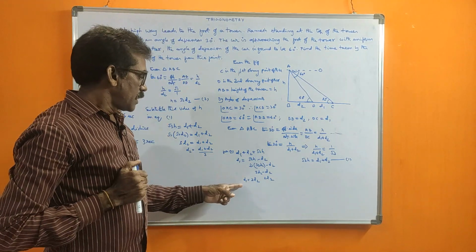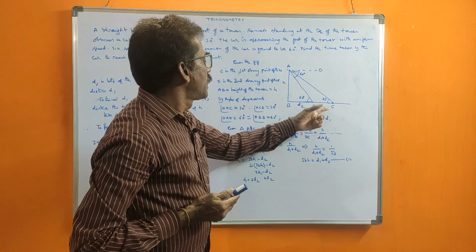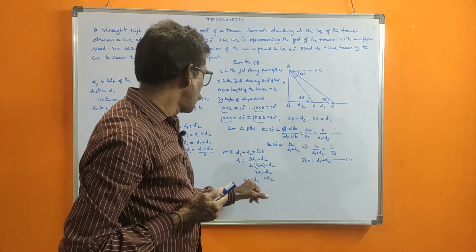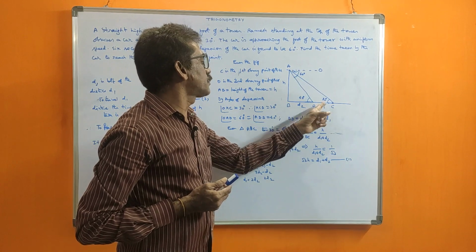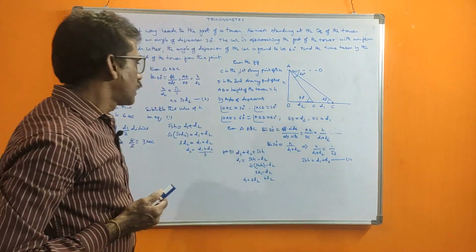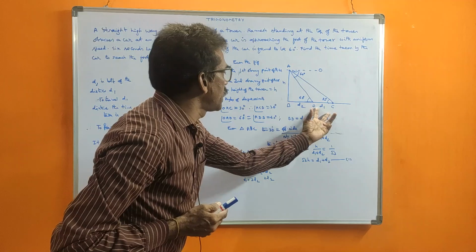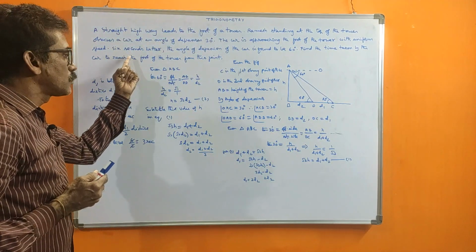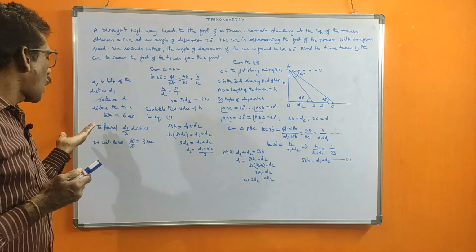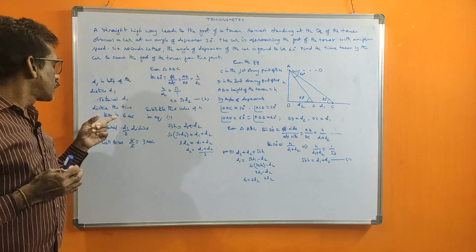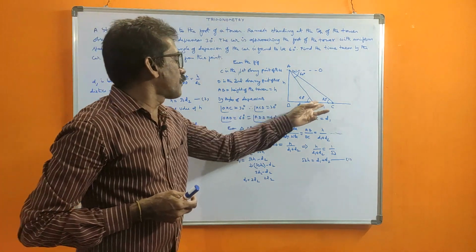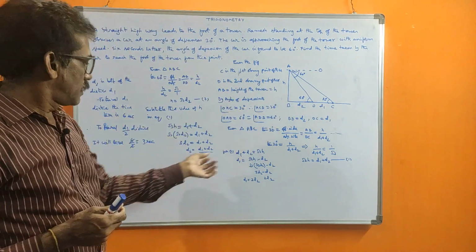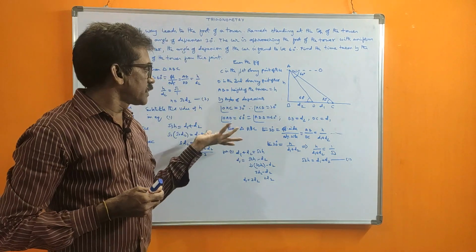This is big, 2 D2 is D1, that means D2 is half of D1. To travel D1 distance 6 seconds it took, so for half the distance it is 6 by 2, that is 3 seconds only. How can we know this is half? By solving this problem it helped.